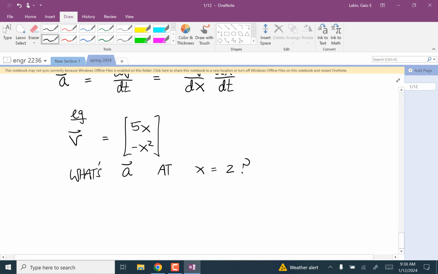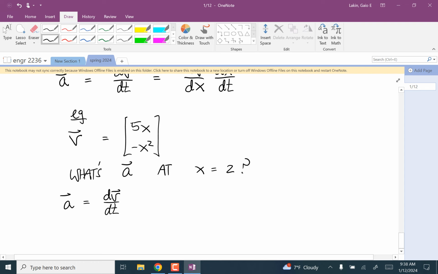Well, don't think acceleration is the derivative of velocity. It's not, it's the time derivative of velocity, right? So acceleration is dv dt, but we don't know this in terms of t.